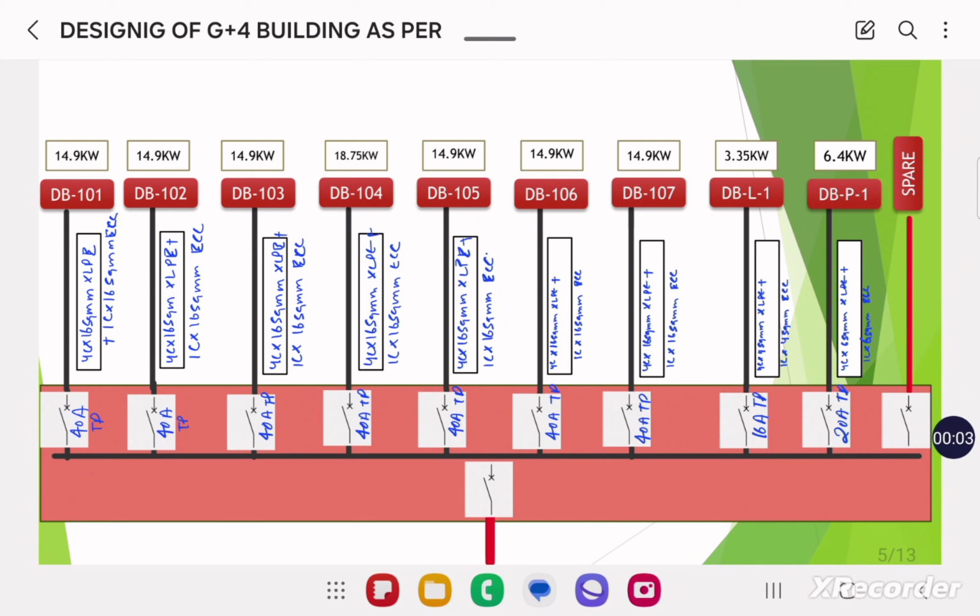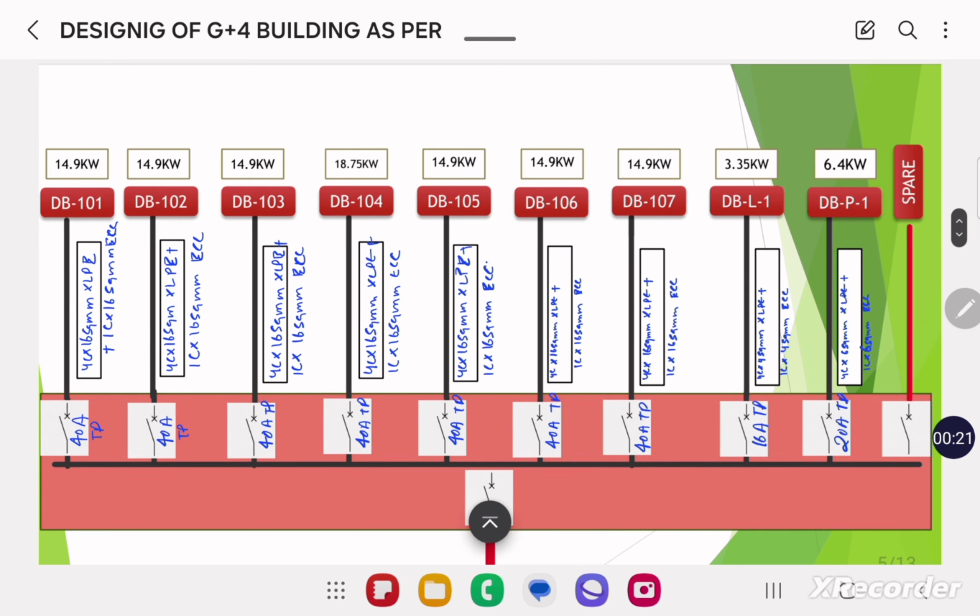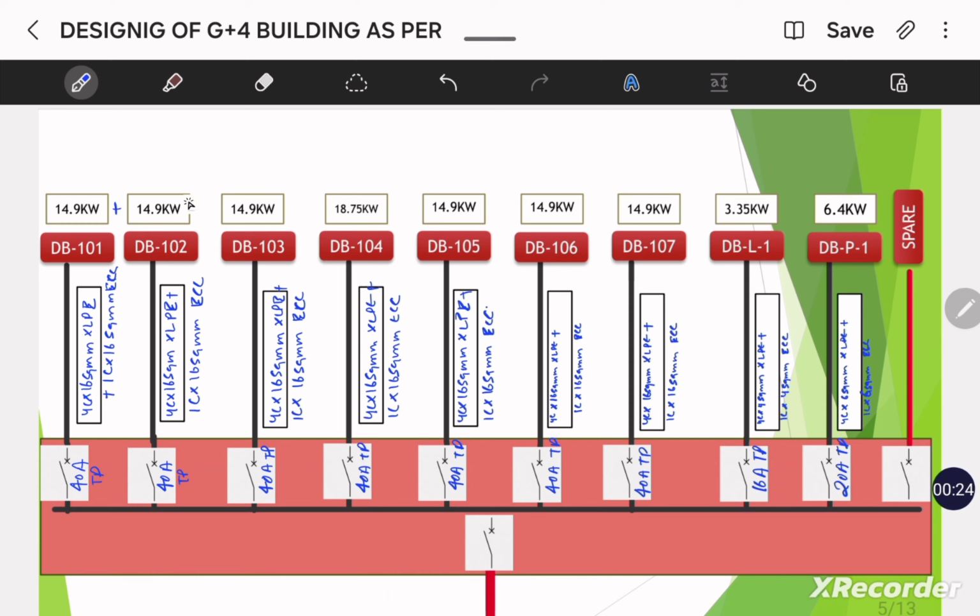After calculating the outgoing breaker rating and the outgoing load cable size, let us calculate the total load on the SMDB. What would be the total load on SMDB? The sum of all connected load on SMDB will be the total connected load on SMDB.